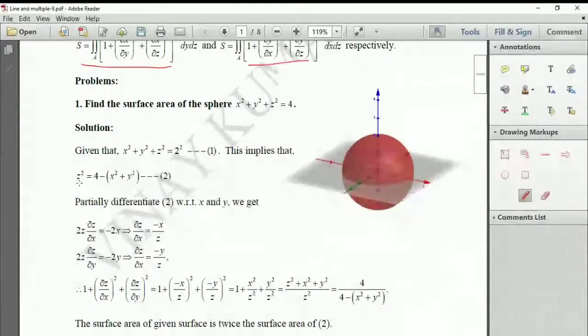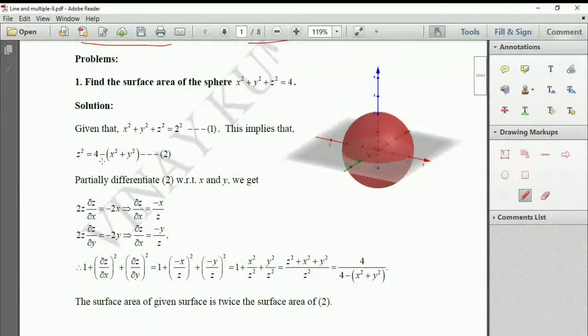Dou z by dou x. So partially differentiate z with respect to x. Because your z is a function of x and y, we can differentiate this by treating y as constant. What is the derivative of x square? 2x. What is the derivative of z square? 2z. Then forget this power. What is the derivative of z with respect to x?